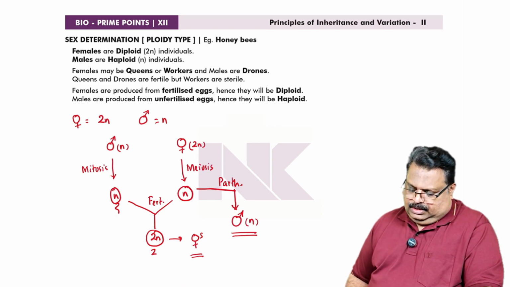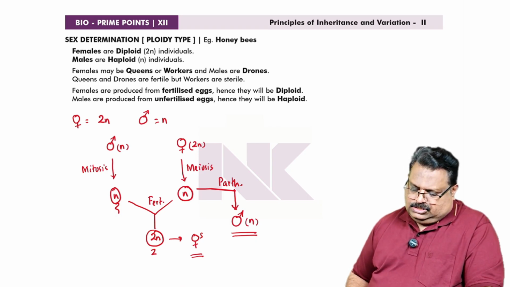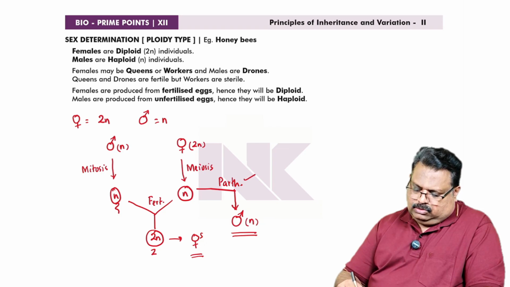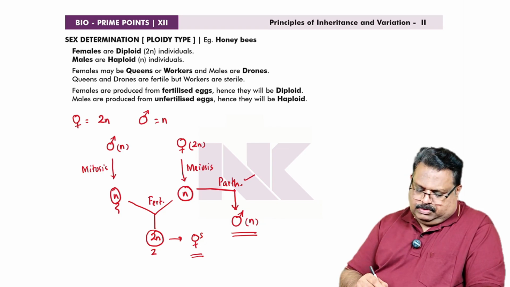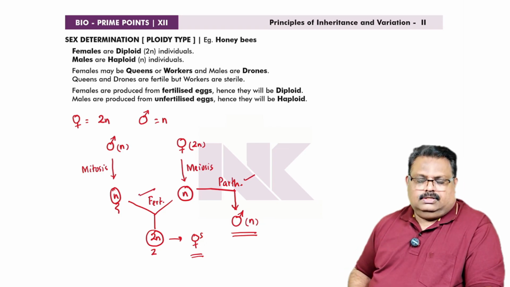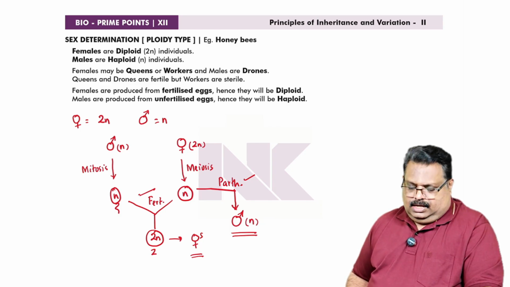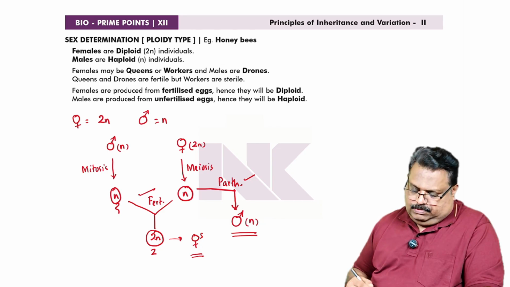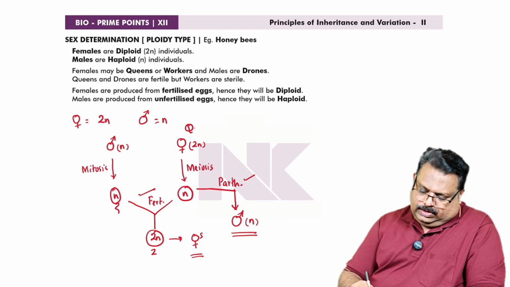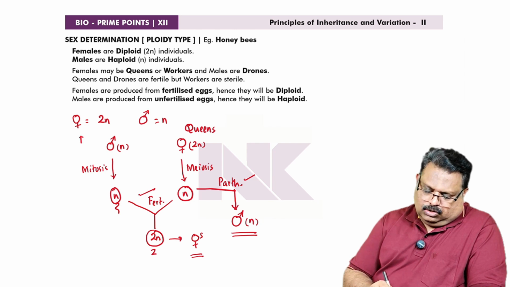That means in the case of honeybees, the males are produced by parthenogenesis and the females are produced by fertilization. So the sex of the baby is determined by the type of reproductive mechanism. Diploid young ones will always be females. The females are called queens, and the haploid males are called drones.